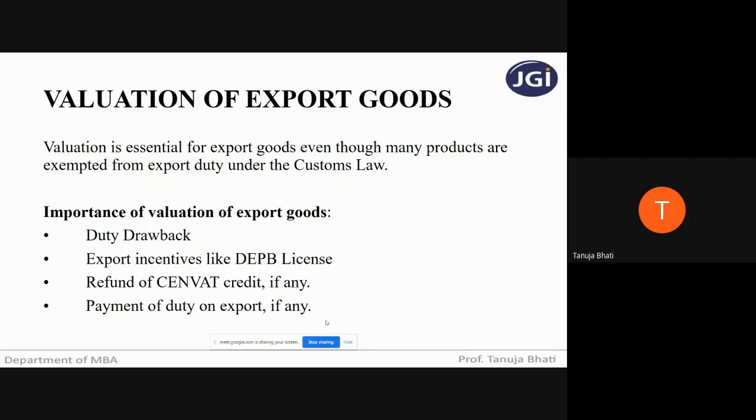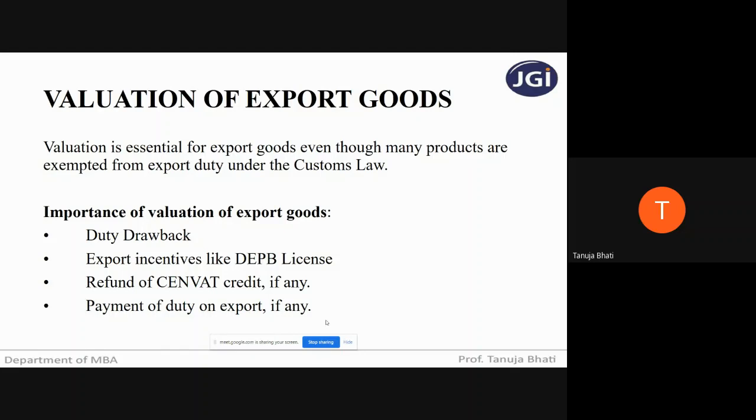Now, when I'm exporting, I will get the refund of the taxes that I've already paid because I have an export license, where it is clearly evident that I am exporting the goods. Secondly, whatever duties I have to pay on export, we will come to know whether it has been exempted or whether it is chargeable to customs duty.